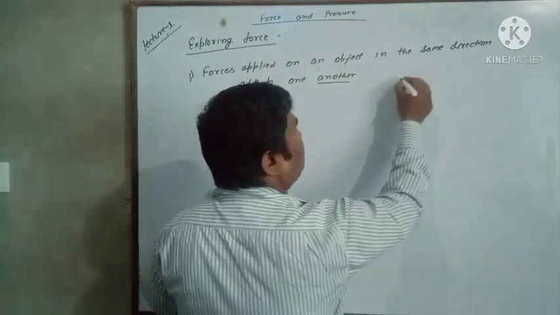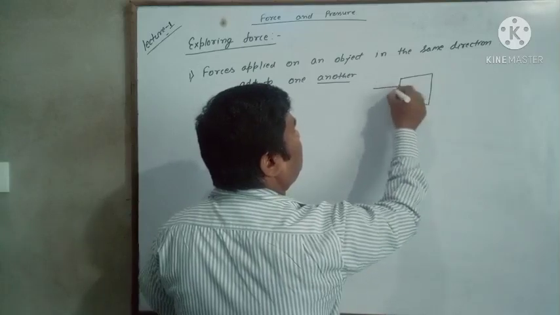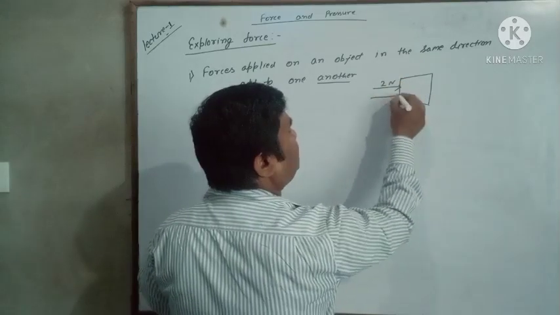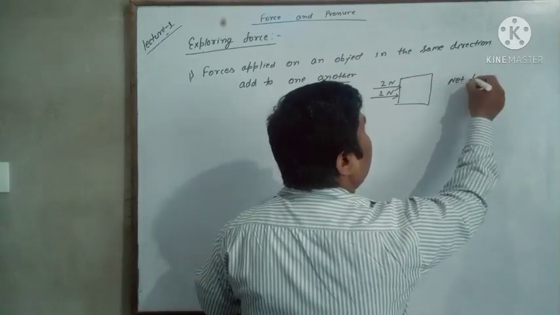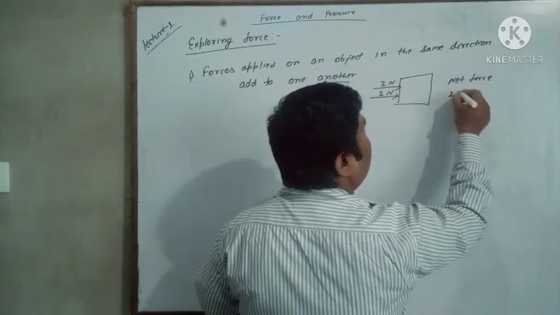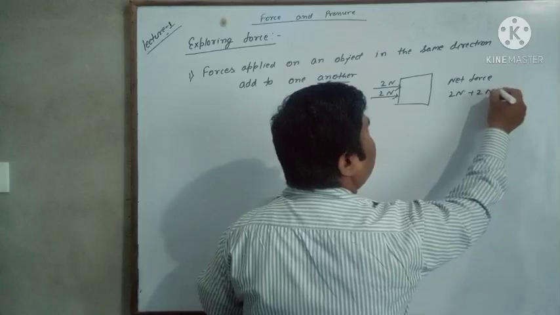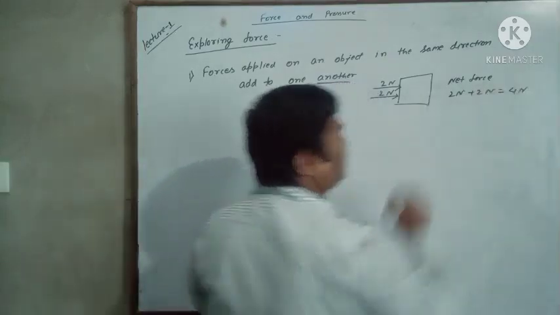That is, 2 Newton plus 2 Newton, the net force will be equal to 4 Newton.